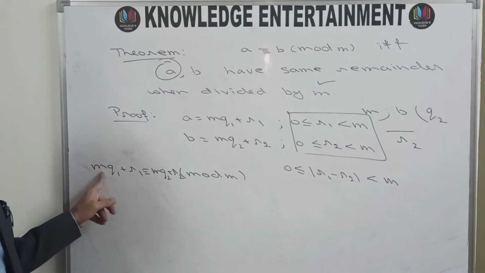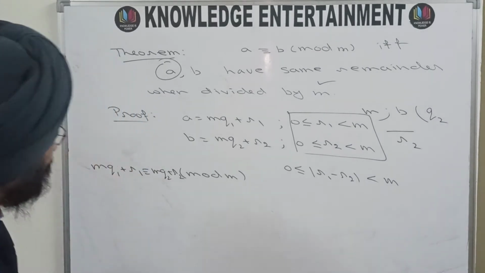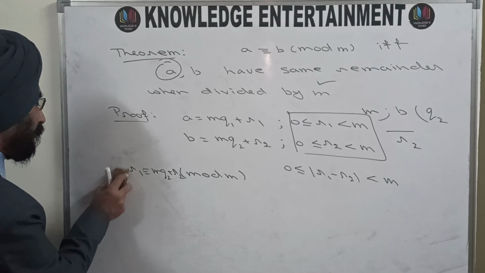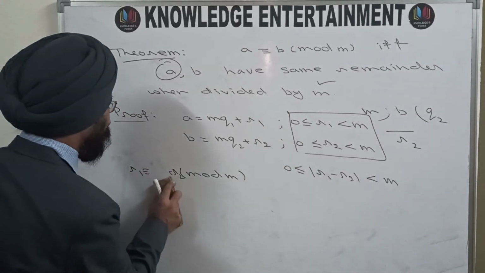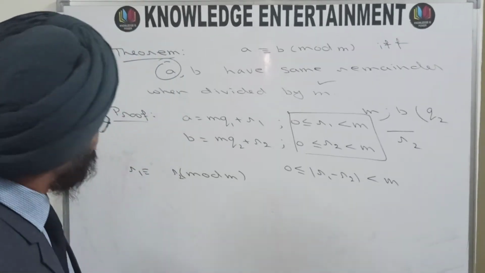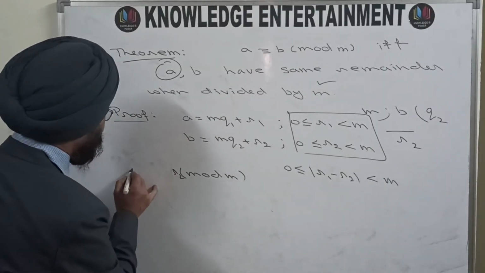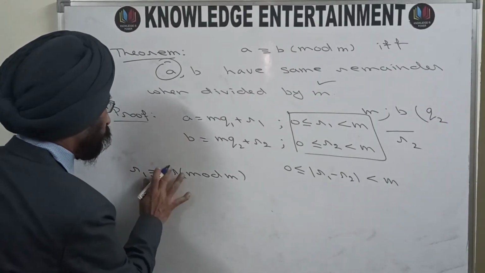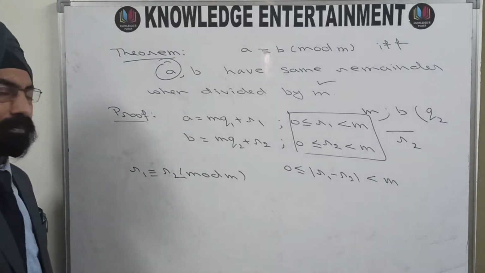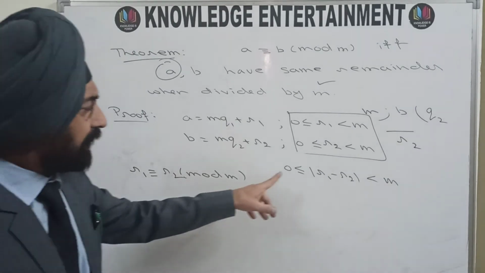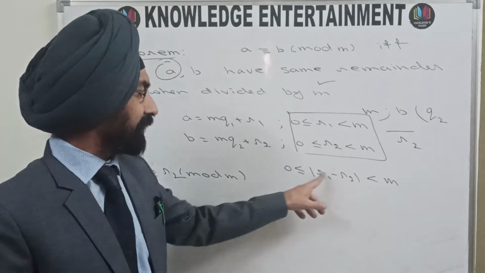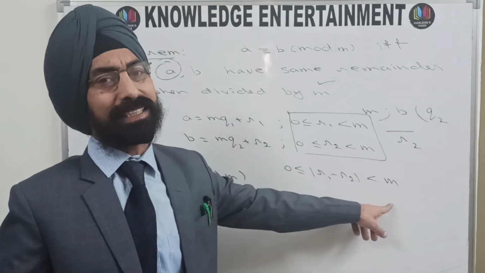So I am leaving this M Q1, and this M Q2 is also a multiple of M, so I am also leaving it. What we are left with is R1 is congruent to R2 modulo M, and the modulus of R1 minus R2 is greater than or equal to 0 but strictly less than M.